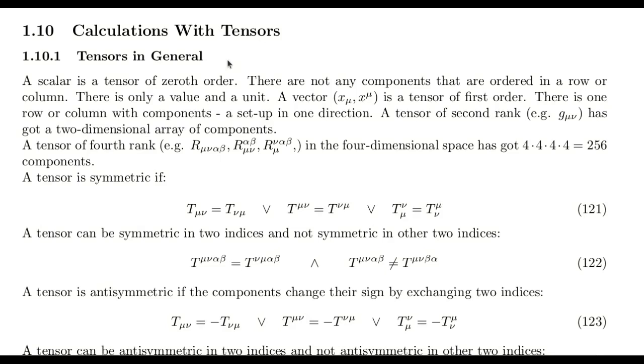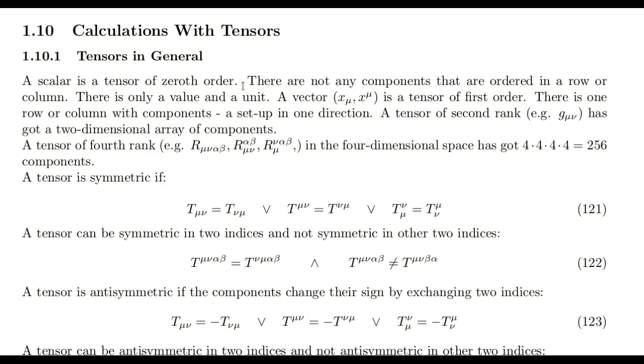First, we want to consider some general things about tensors. A scalar is a tensor of zeroth order because there is no set of components. There's no extension of components in any direction. We can compare that with a point in geometry.